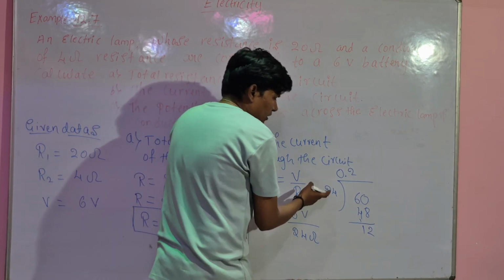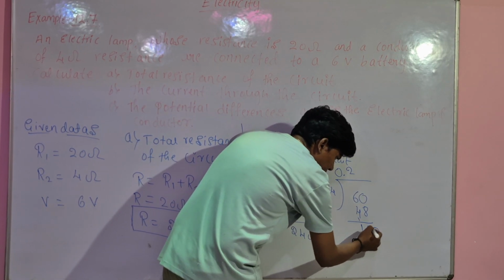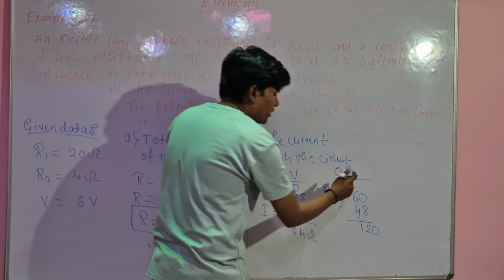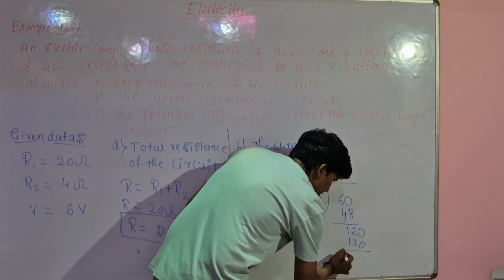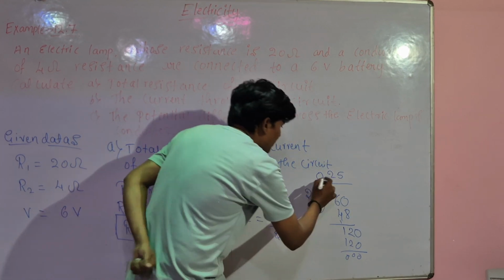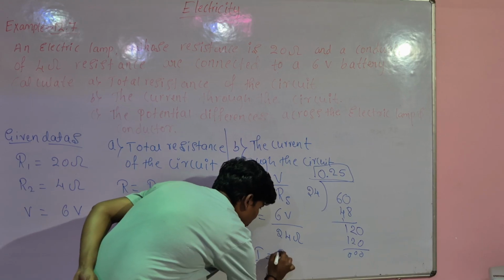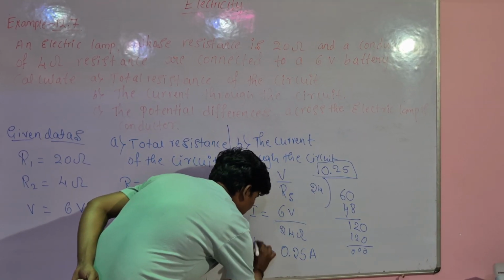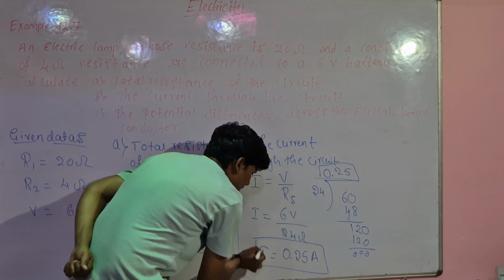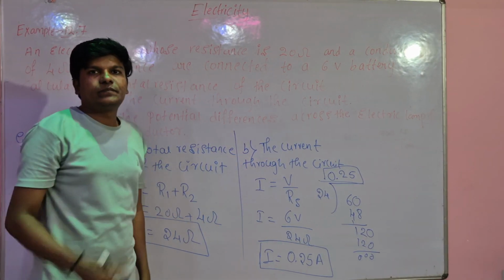In the 24 table we don't have 12, so we add another 0. 24 fives are 120, so it becomes 0. So current I is equal to 0.25 ampere. This is the current through the circuit.